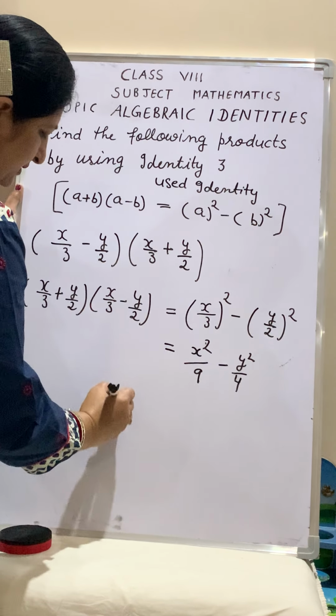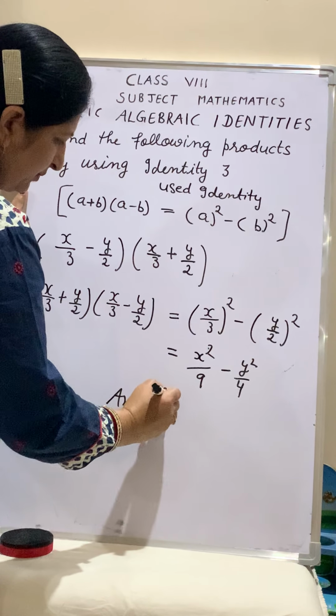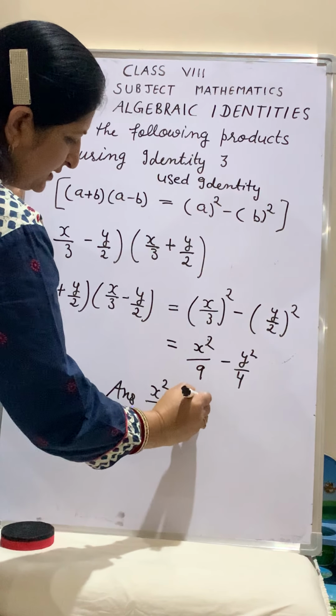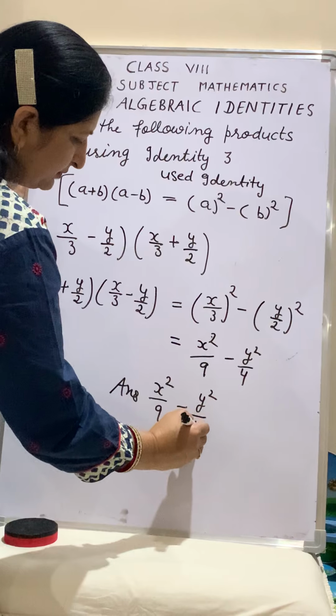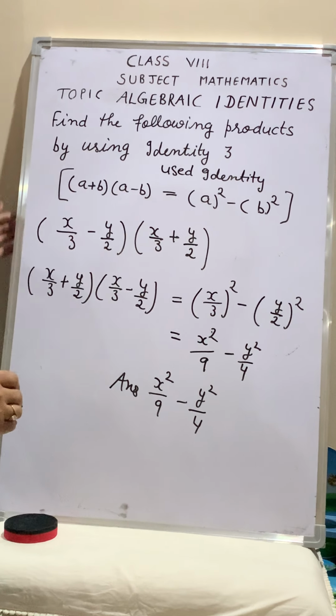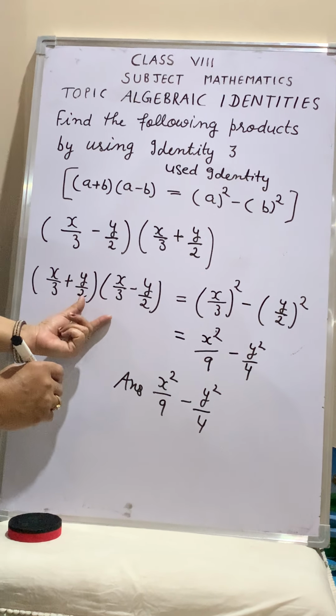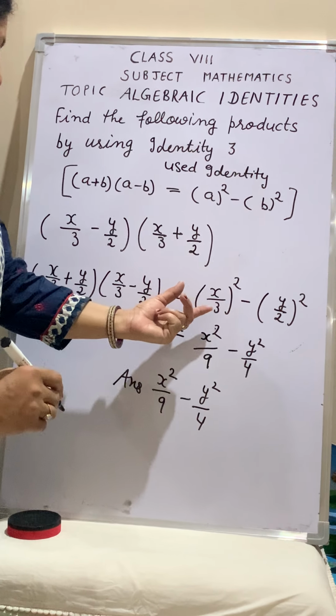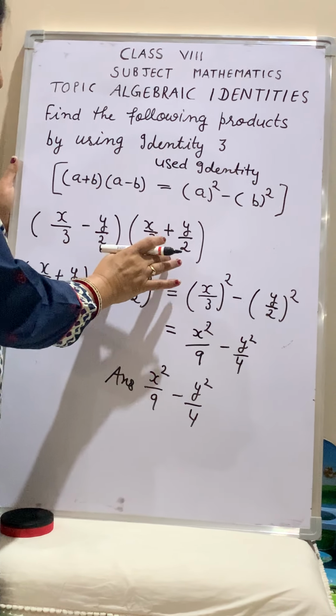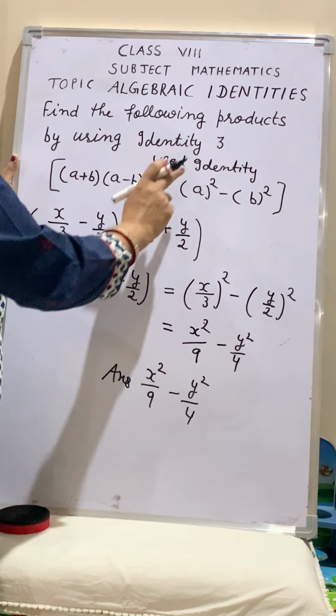It is the answer: x square by 9 minus y square by 4. So first of all, write down the left hand side, then the right hand side.